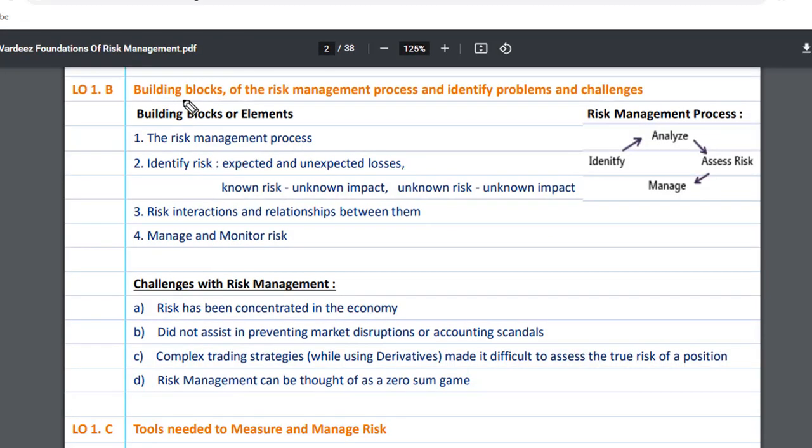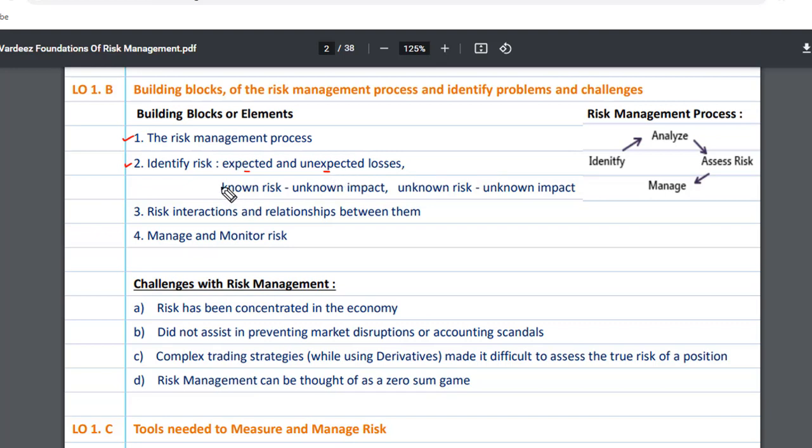Alright, talking about the building blocks of risk management now. The very first building block is the risk management process itself. That is the first element in risk management. The second is identification of the risk. Now there are 4 categories here. The first one is the expected loss, something that we would expect while running a business. Unexpected loss is something that is beyond what we had expected, and this is a major task for the risk manager, that they have to identify or try to quantify the unexpected loss.